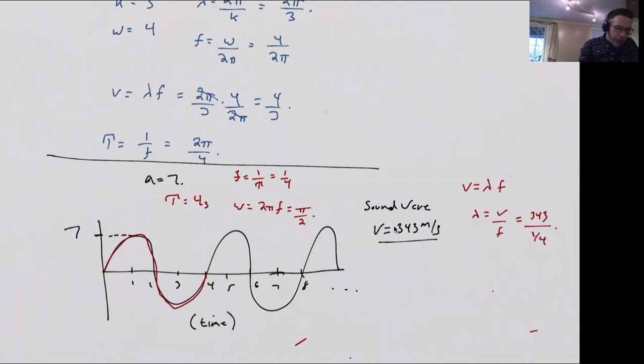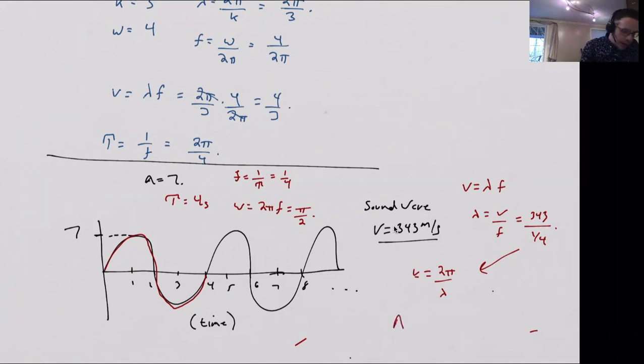If we know the wavelength, we know k is 2 pi over the wavelength. I'm not going to bother plugging that in, but you see what I'm getting at here, yes? So now, just by staring at the picture, we know the amplitude, we know the period, we know the frequency, we know omega, we know the velocity, we know the wavelength, we know the wave number.